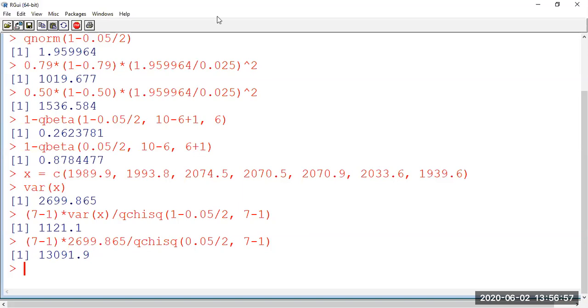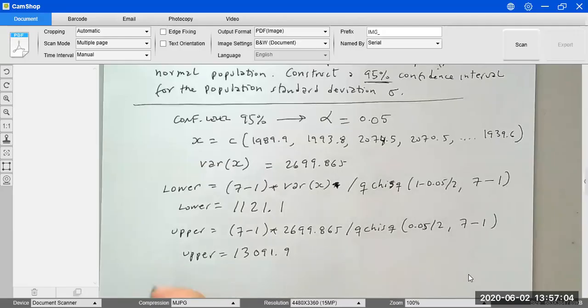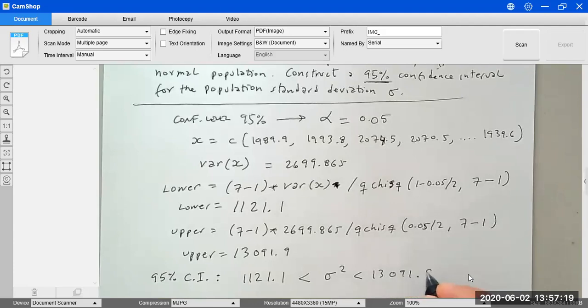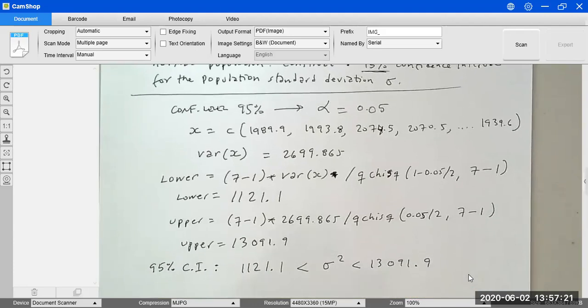So with that, we can construct now the confidence interval for the variance. So we're going to write here that the 95% confidence interval for the variance is going to be 1121.1 less than sigma squared less than 13,091.9. So that's the confidence interval for the variance.